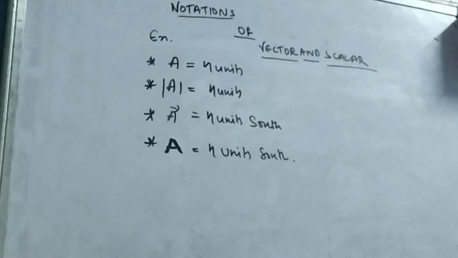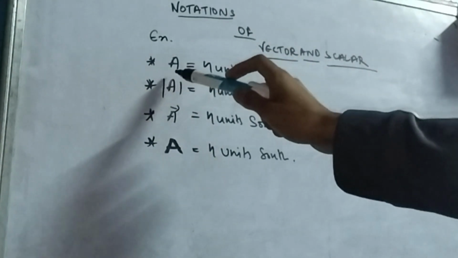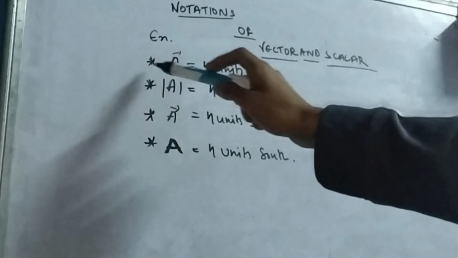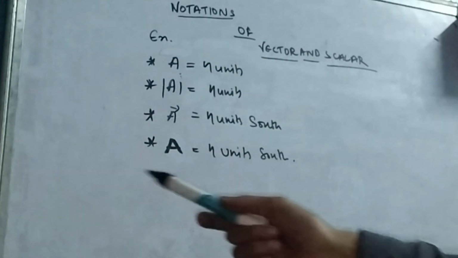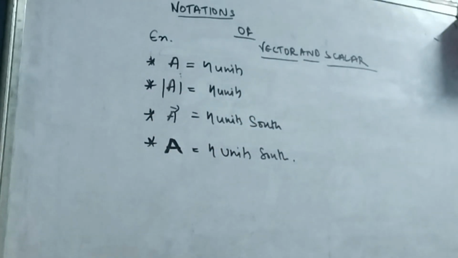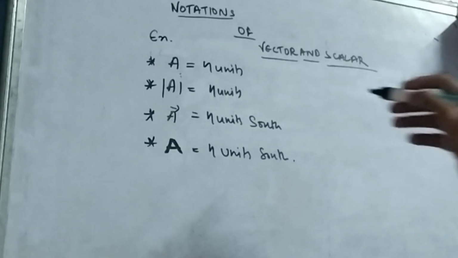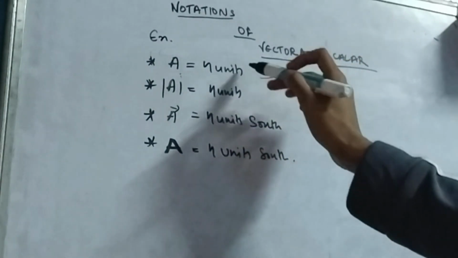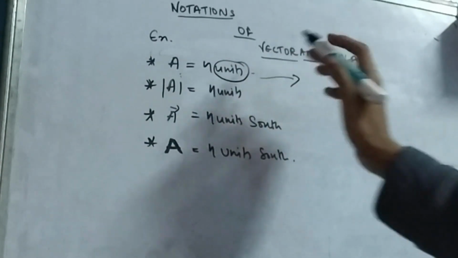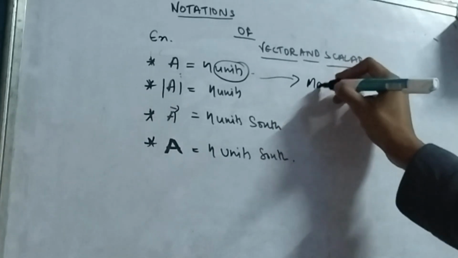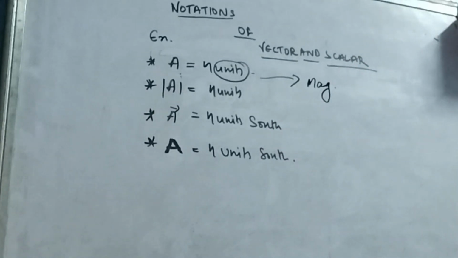As we know, there is no direction sign, so this is a magnitude. So this is a, because there is no direction given at this point also, so this is a magnitude.